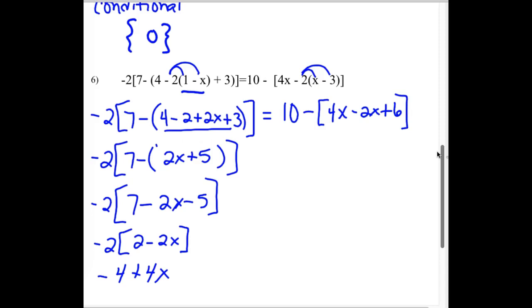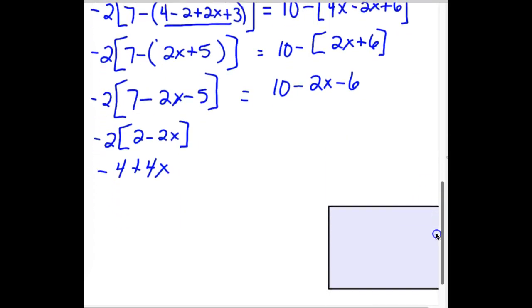Inside the brackets now, if we combine like terms, we would have 2x plus 6. Okay, distributing the negative so we can get rid of the brackets. We'll have 10 minus 2x minus 6. And combining like terms, we end up with what, -2x plus 4.